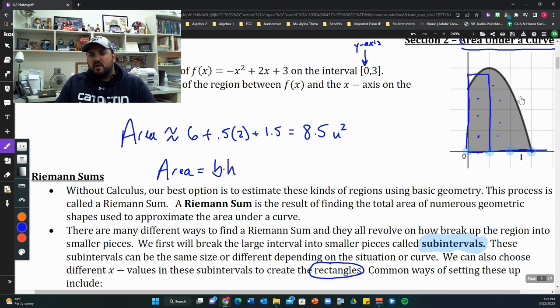In doing so, a lot of times what we see happens is it's a much closer approximation for the real area for that piece because it kind of splits the difference. So part of this is extra, part of it is missing, but these two tend to balance each other out a lot better. Same thing here at 1.5, so this would be just slightly higher than that first rectangle.